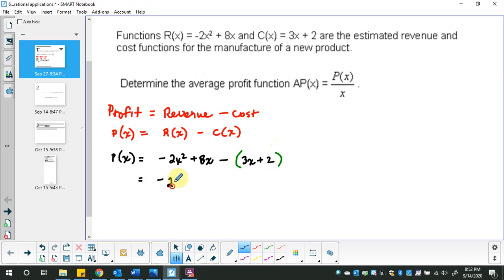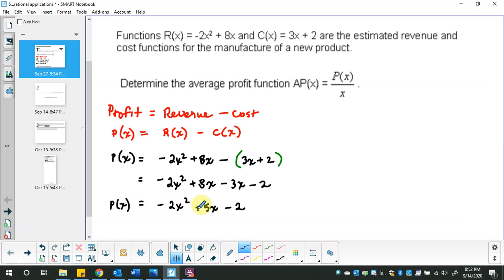And you will need to distribute that negative sign, or the negative 1, through the bracket. And then because this is grade 12 math, you need to collect like terms. So positive 8x minus 3x is positive 5x. And then the other two terms are the same. So this is the P at x function. This is the profit function.